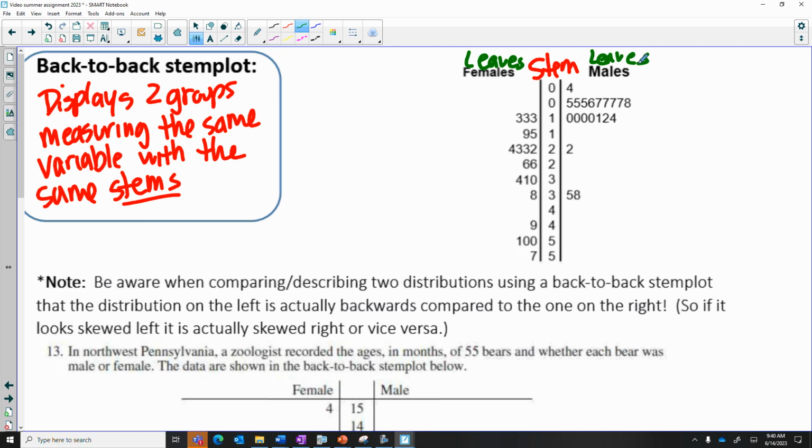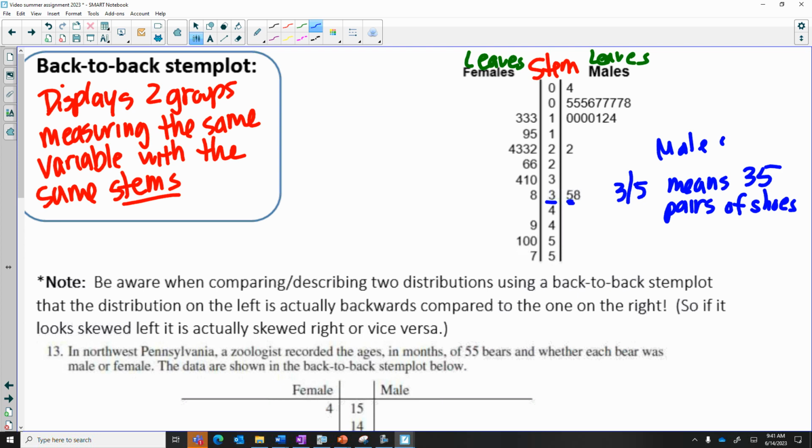So when we look at the males, for example, this 3|5 for the males means 35 pairs of shoes, if we're still talking about pairs of shoes. But for the females, it's actually backwards. So if I were to look at this 8 and 3, this doesn't mean 83, because you have to read from the inside to the outside.